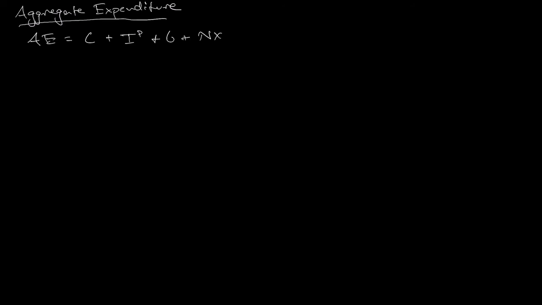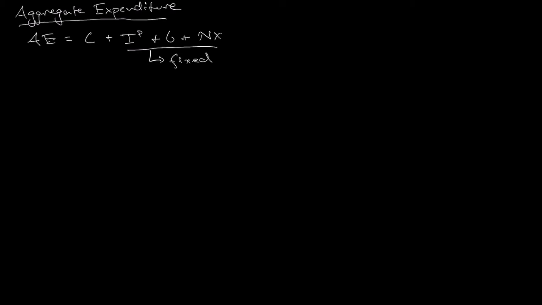Now, in our extremely simplified model, we're going to assume that planned investment, government spending, and net exports are actually a fixed or constant amount. That is, they're going to be independent to GDP or the level of income in our economy.